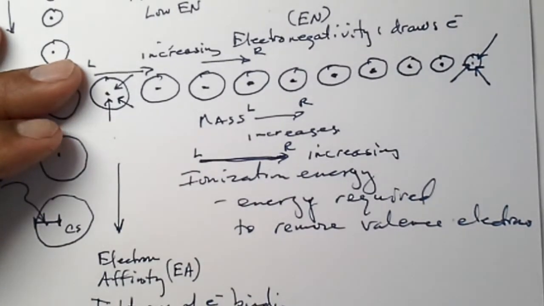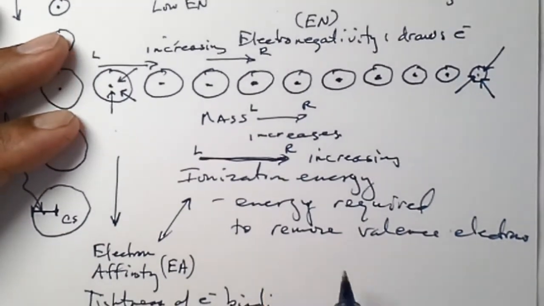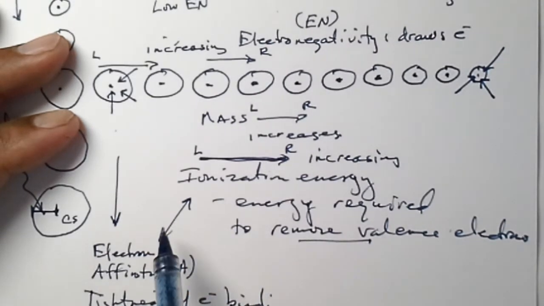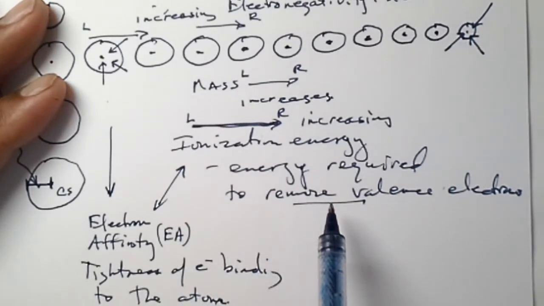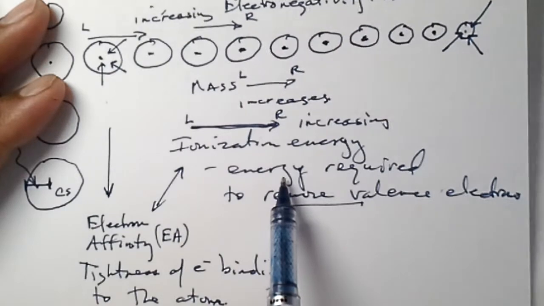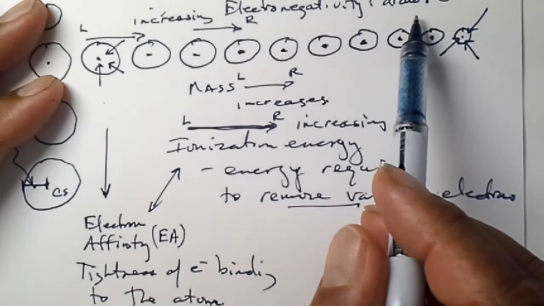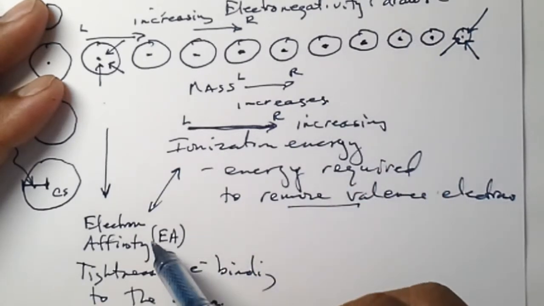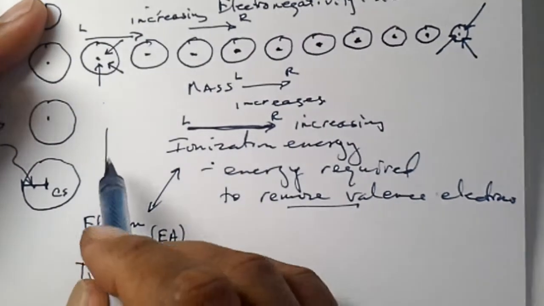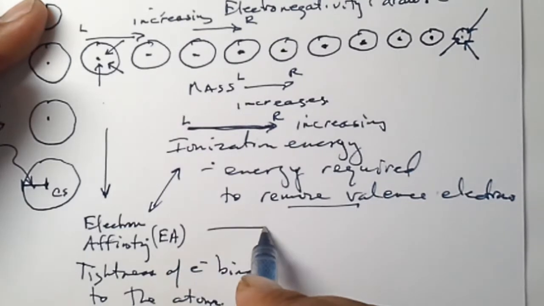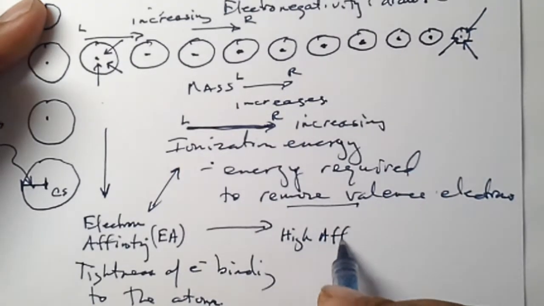So the energy required to remove electrons is obviously directly proportional to the affinity. The tighter the binding, the more difficult it is to remove, the more energy you need to remove it. And also, the more electronegative an element is, the more difficult it is to remove, the higher the affinity. So as you move from left to right, high affinity.